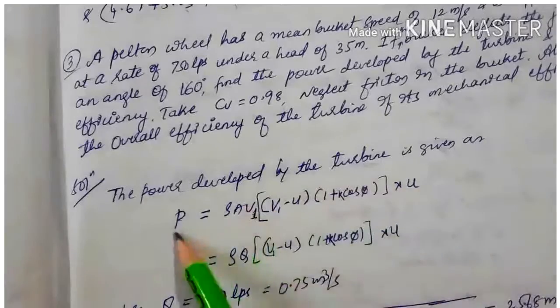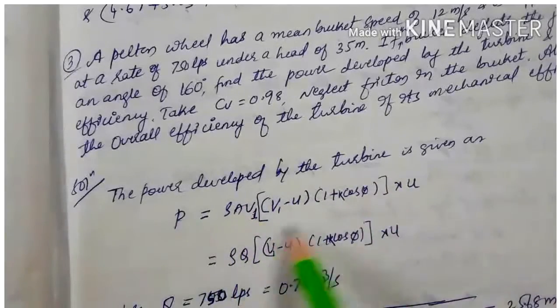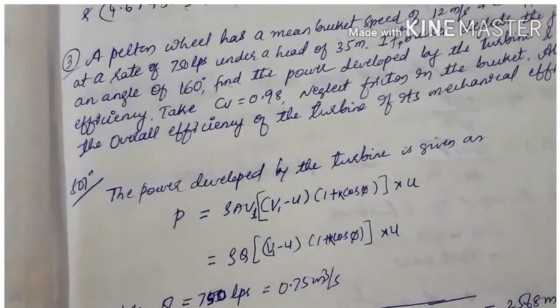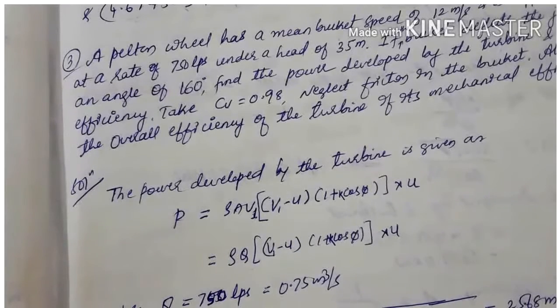This formula we already know, and we have derived it while deriving work done and efficiency of a Pelton wheel. Where a into v will be Q, so Q into bracket v minus u into 1 plus k cos phi into u. Here k is the coefficient of friction in the blade passage.